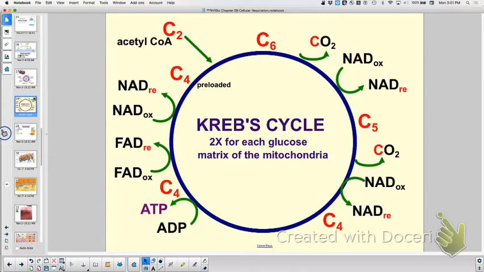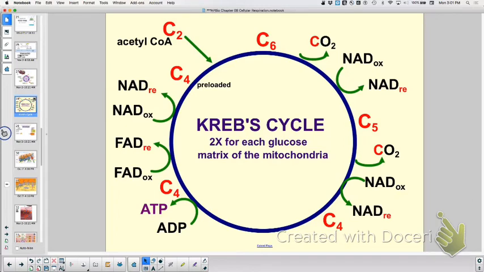Then you take some ATP and some reduced NADP to the dark reaction, or the Calvin cycle, or the light-independent reaction. Ready? 3C5 plus 3C1 makes 3C6. Break down to 6C3. Use some ATP, use some reduced NADP on your 6C3.